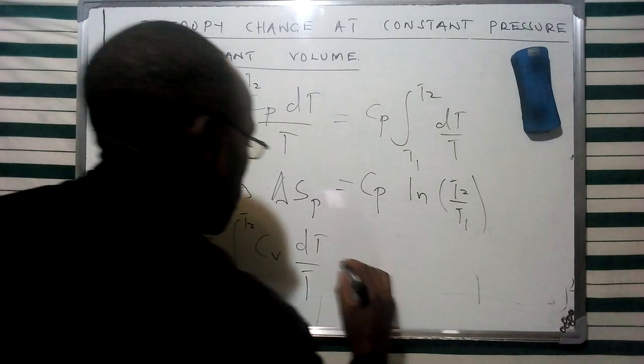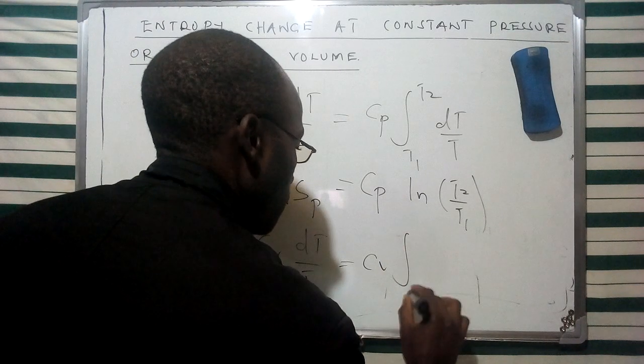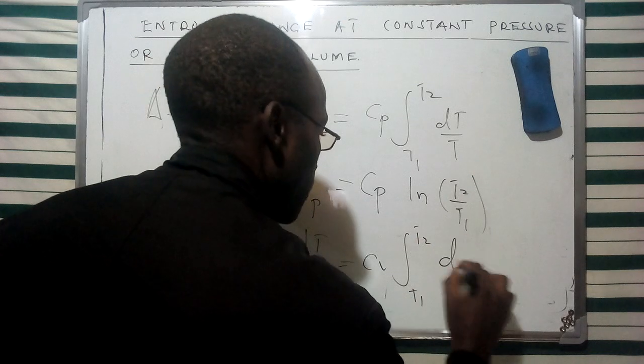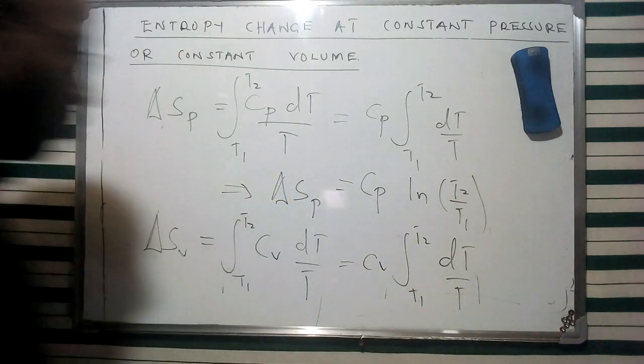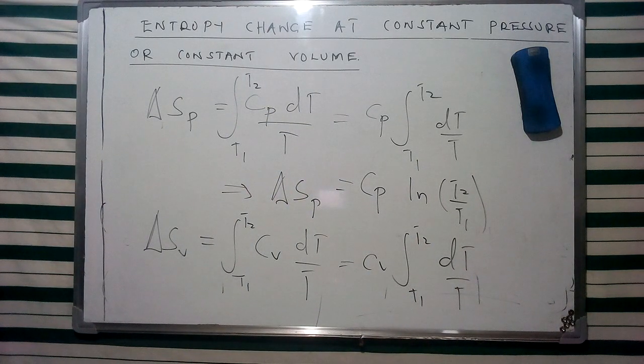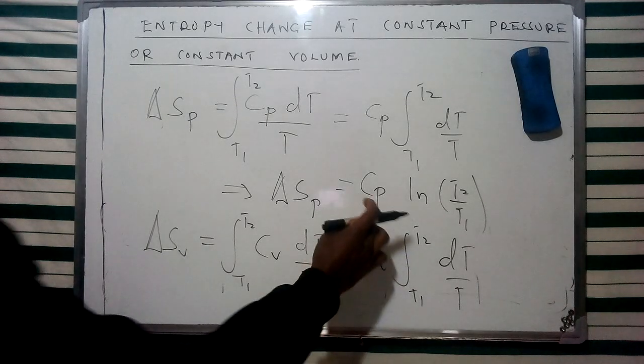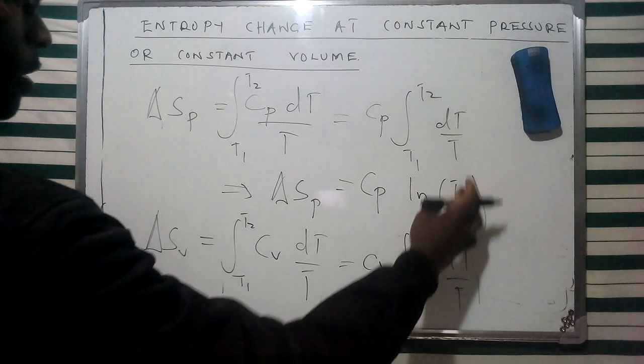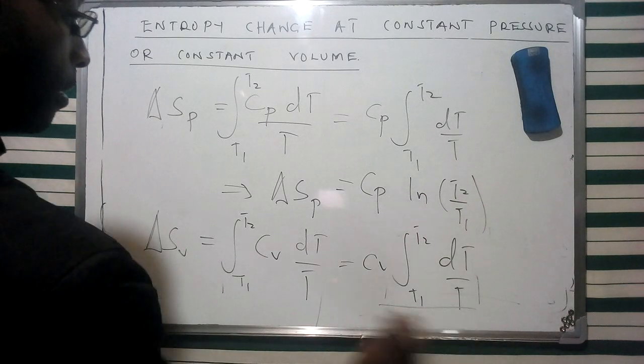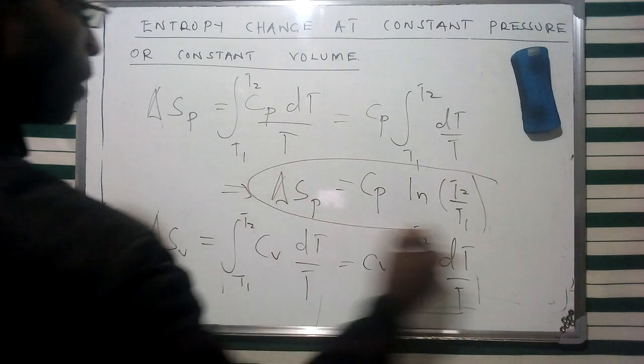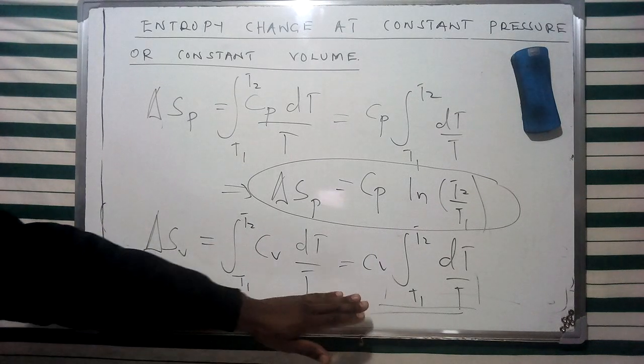So this is going to be given as the integral between T1 and T2 of dT over T. So similarly, we're going to have this specific representation given as Cv times the natural log of T2 over T1.